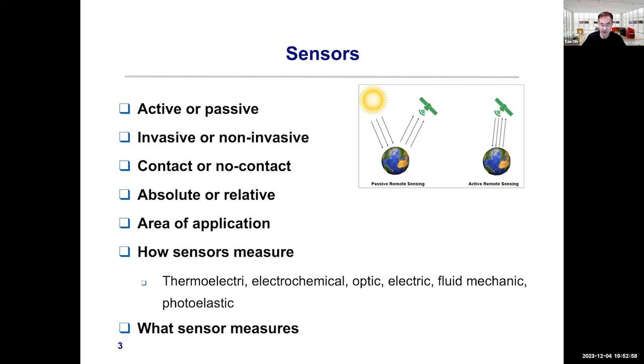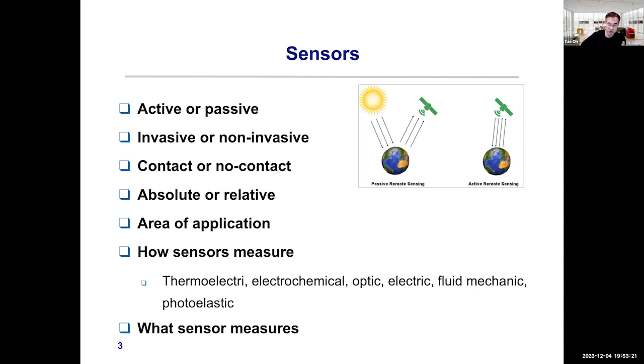So those types of sensors and measures, like thermal, electronic, electrochemical, optic, electric, fluid mechanic, photoelastic, all that information is used, and the sensor will pick it up. Sometimes it's in analog form.